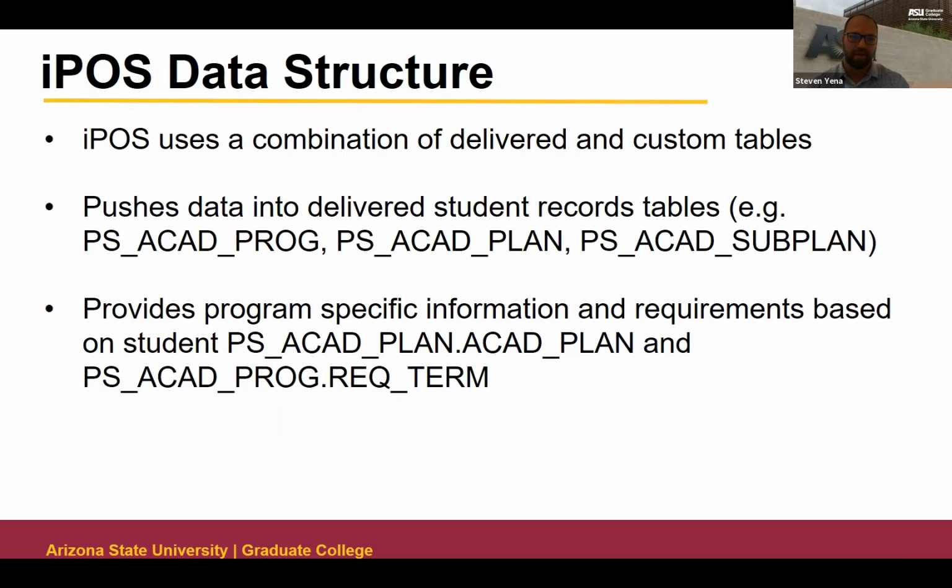We do push some data back to the program plan stack, which would go into the ACAD prog, ACAD plan subtable. And then to key off of what that degree requirement looks like, we use the requirement term field, and that helps us to hone in on what those requirements are for the student per catalog year, in case things change from year to year, as program requirements sometimes do.